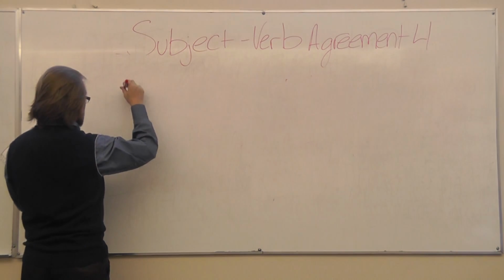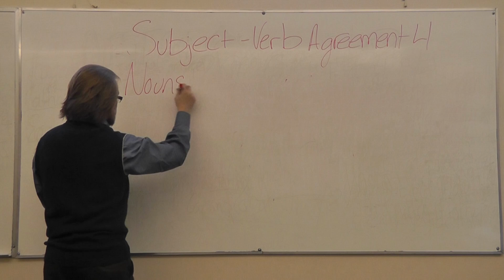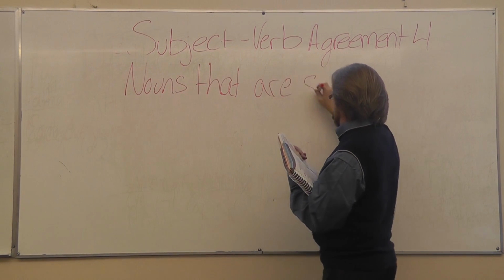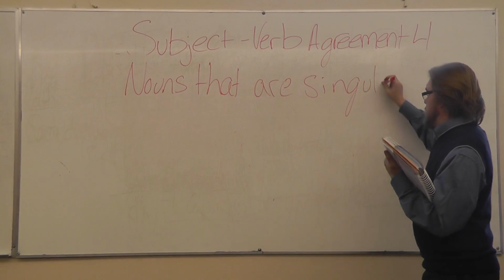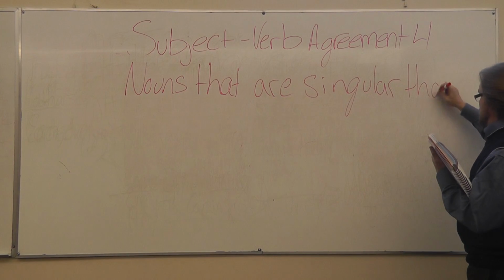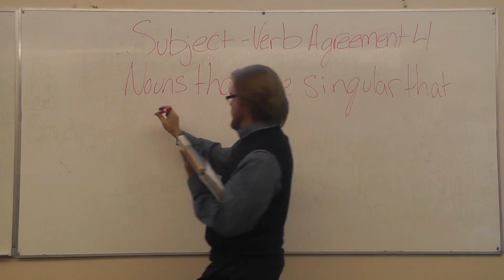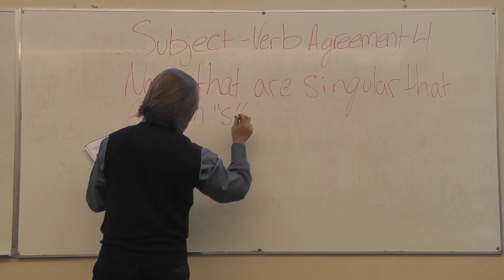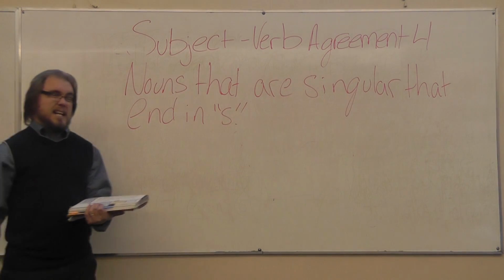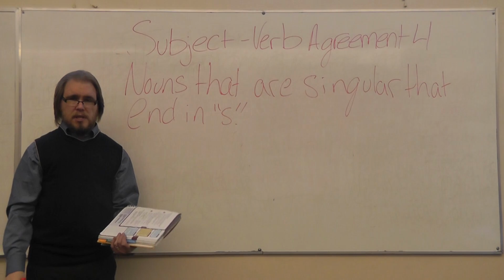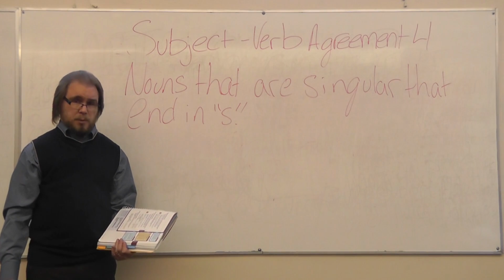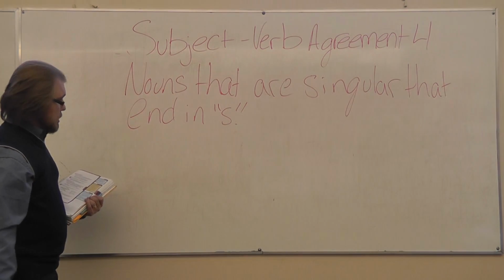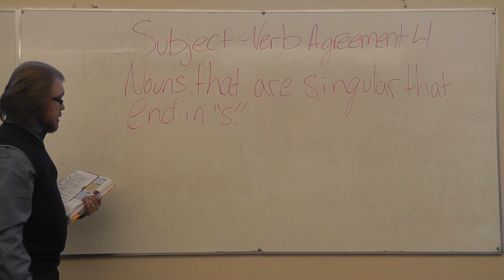Occasionally in English we have nouns that are singular, but just to be obnoxious, they end in S. I think they did this just because it's normal to put an S on the end of a noun to make it plural. I am convinced that it's a conspiracy on the part of the nouns to confuse people.